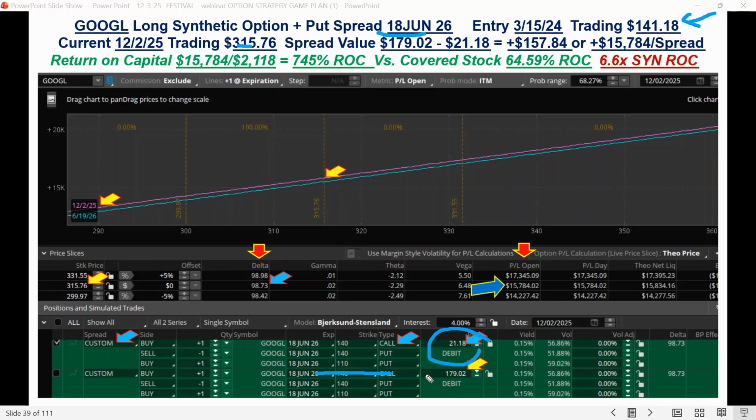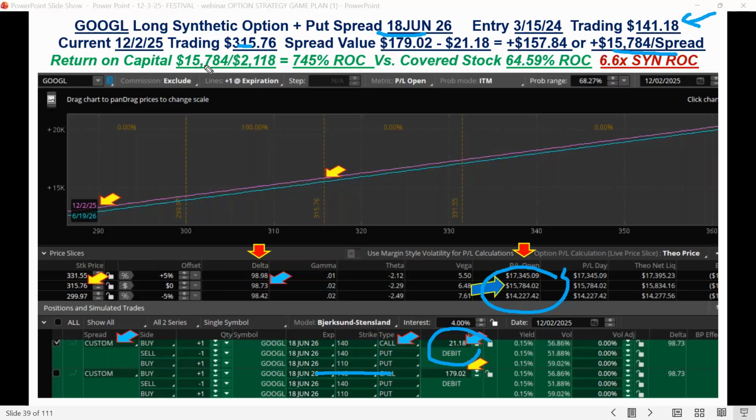And then yesterday, the spread had blown out to 179.02. So the spread was a gain of $157.84, or times 100, that's $15,784. So right here, you can see that open P&L. That's the beauty of it.